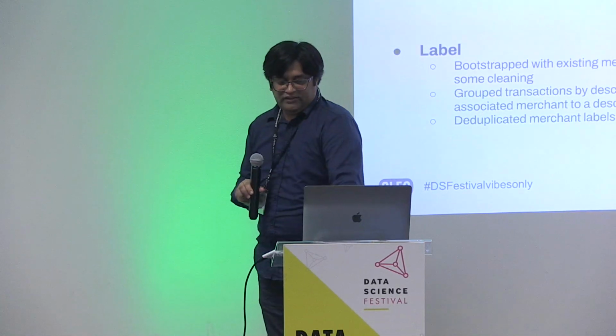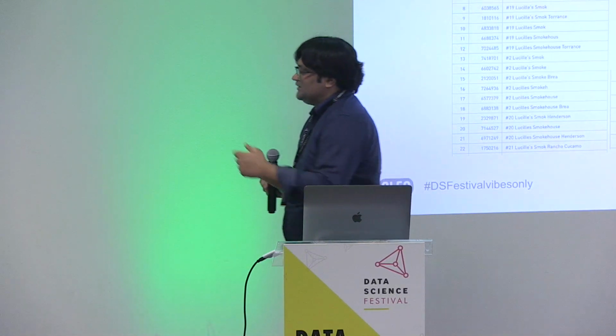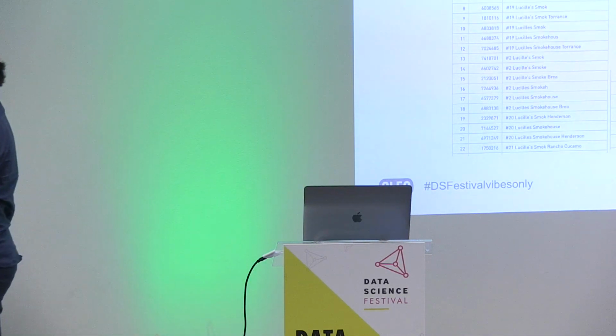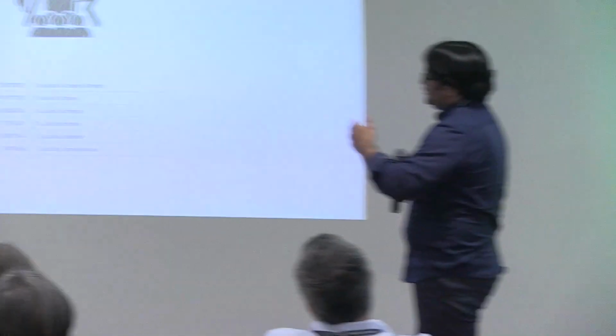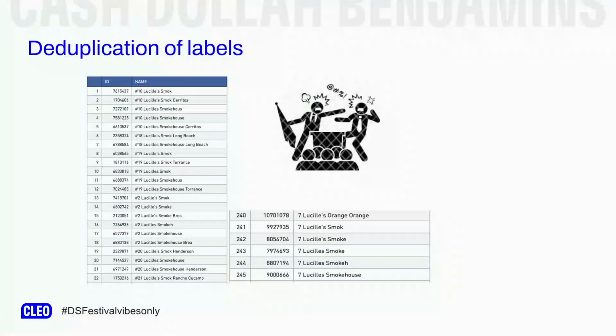But even then, the deduplication problem was severe. This is just an example of one merchant, which appears as lots of merchants when it would actually be one merchant in the DB. You can see lots of variations of the same merchant based on some additional, lacking or missing information. So we needed a fix to actually solve these kinds of problems.